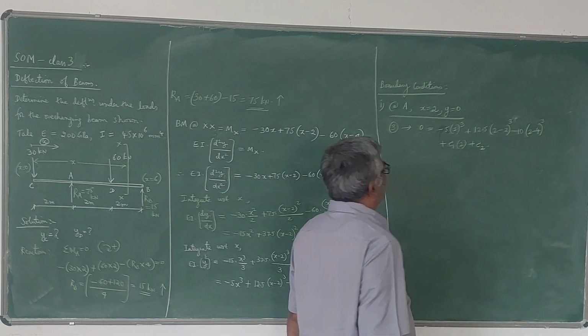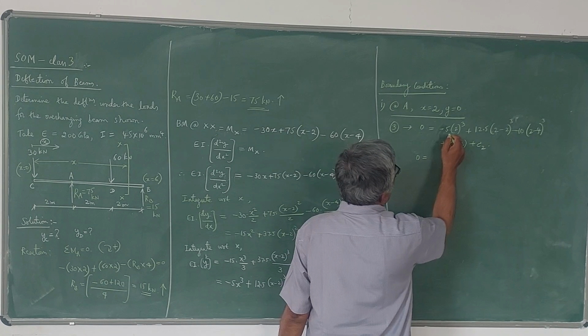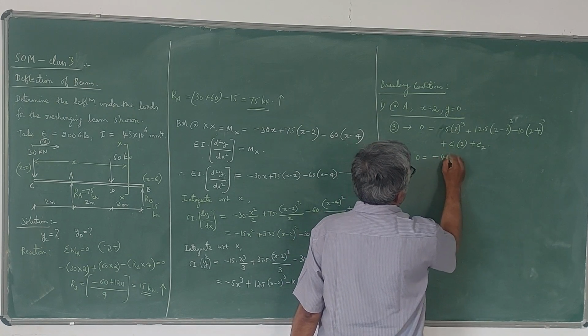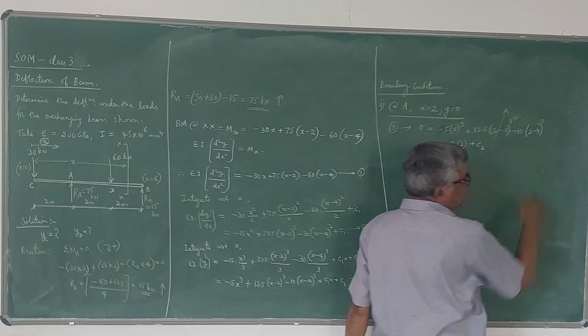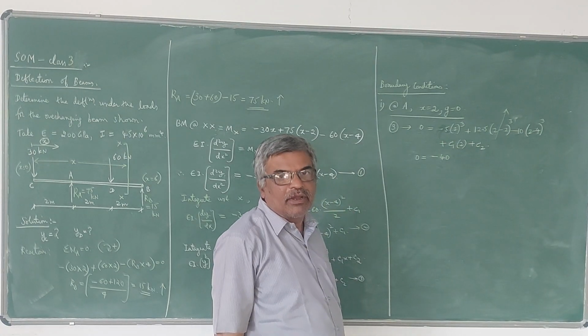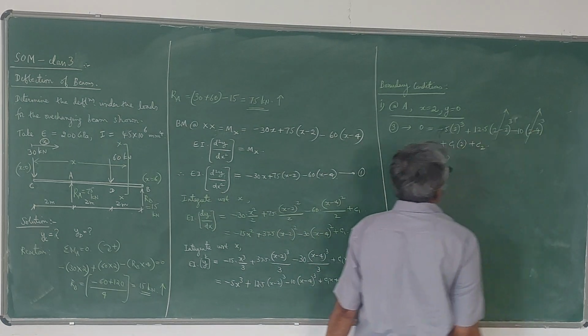So this is the equation. Therefore, what we get here is 0 equal to minus 40, this becomes 0 since 2 minus 2 is 0, and 2 minus 4 becomes minus 2, which is negative. In Macaulay's method, if you get a negative term, that is neglected, so this term is also not there.